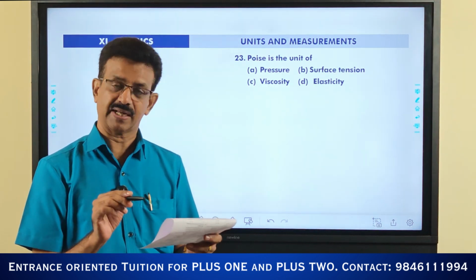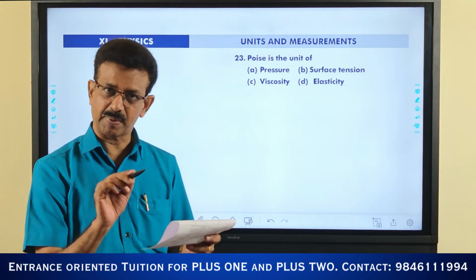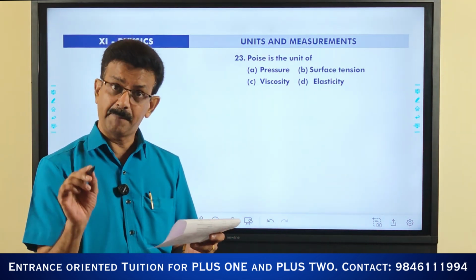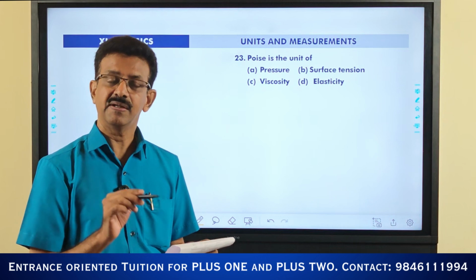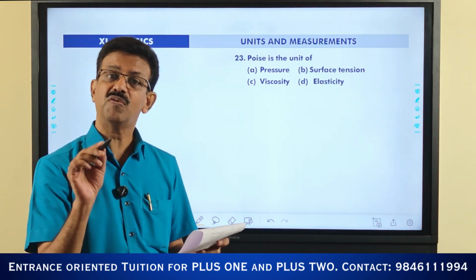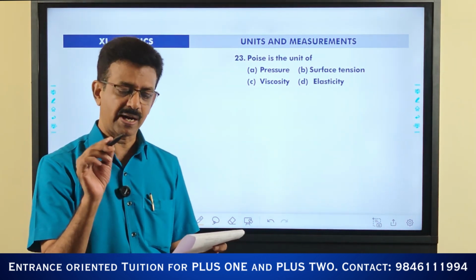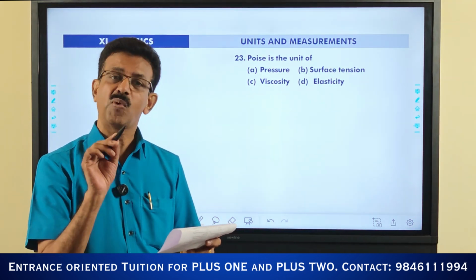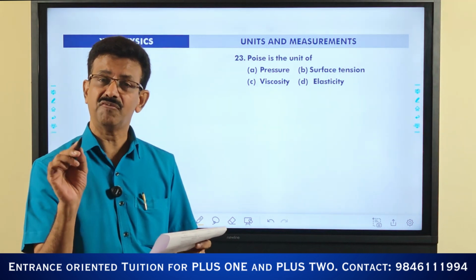First choice is pressure. For pressure, the SI unit is Pascal and CGS unit is dyne per centimeter square. B choice is surface tension. Surface tension is force by length, Newton per meter. Then, third choice is viscosity. Poise is the CGS unit of viscosity.